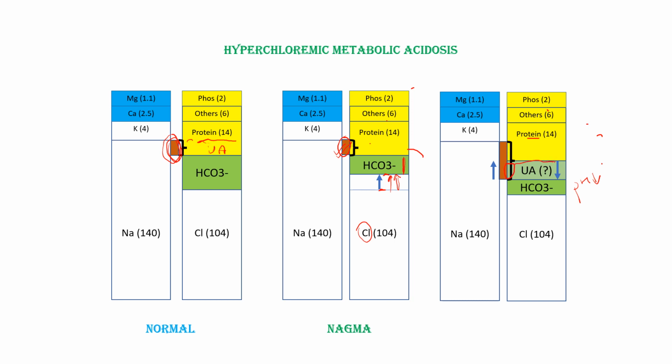Because the unmeasured anions have taken place in the plasma. So these unmeasured anions contribute to what is referred to as increased anion gap, and this is what is referred to as increased anion gap metabolic acidosis or high anion gap metabolic acidosis, that is AGMA or HAGMA.